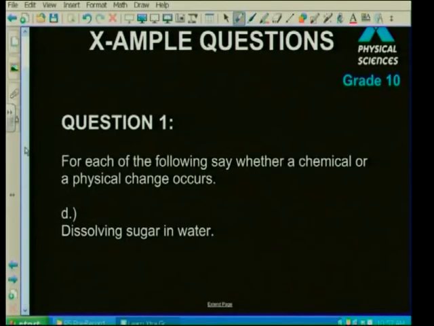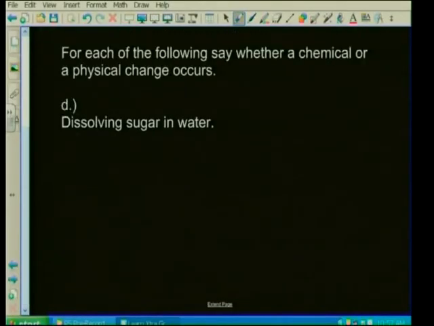Now, here's an interesting one. Dissolving sugar in water. Well, we had an example of that sort of process. We took not sugar, but we took copper chloride, put it into water, and we dissolved it. We also said that you could do it with sugar. Molecules of sugar would move further apart from each other.